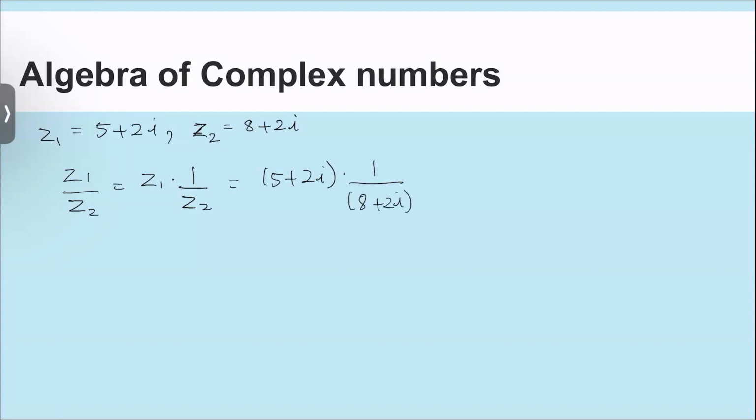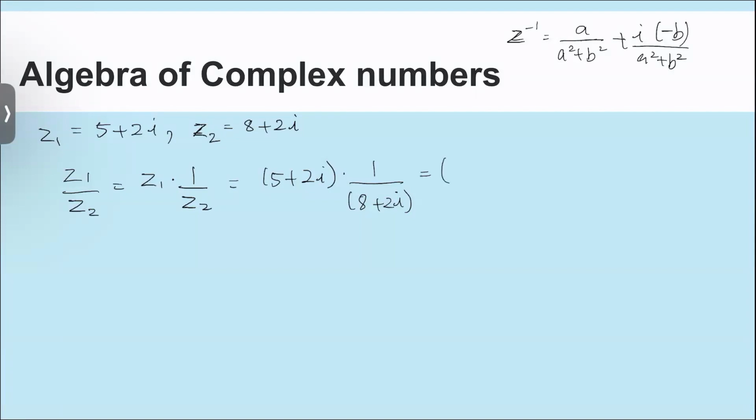If you remember the form of the inverse, if Z is equal to a plus bi, then 1 upon Z is a upon a square plus b square plus i times negative b upon a square plus b square.